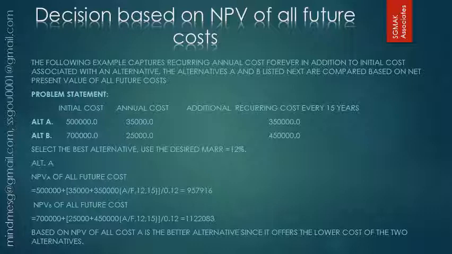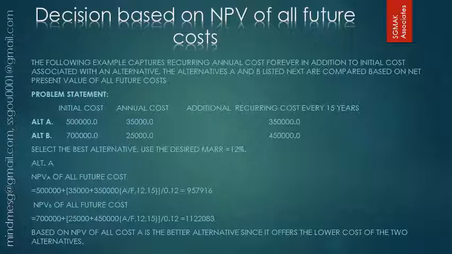The objective is to select the best alternative when you have a desired minimum attractive rate of return of 12%. The thing to keep in mind is that we are dealing with two alternatives, both with infinite life, so we'll compare them based on net present value of all future costs.